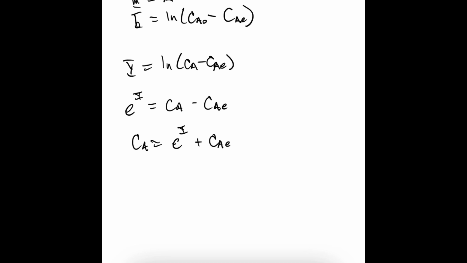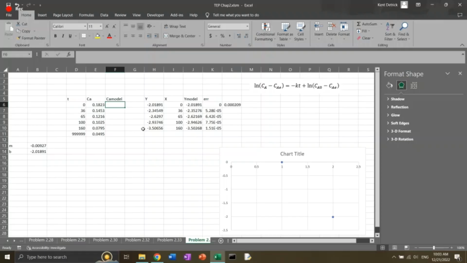Okay, so now we have Ca in terms of y, and Ca equals the exponent of y model plus Cae.